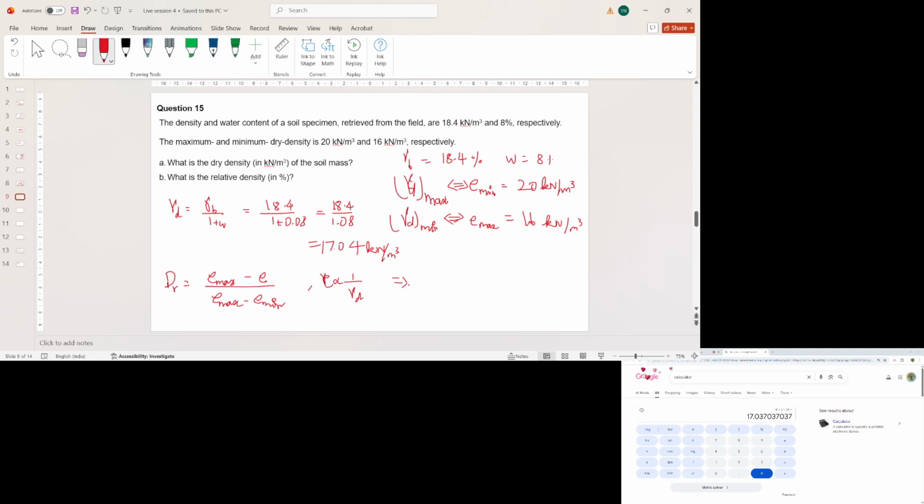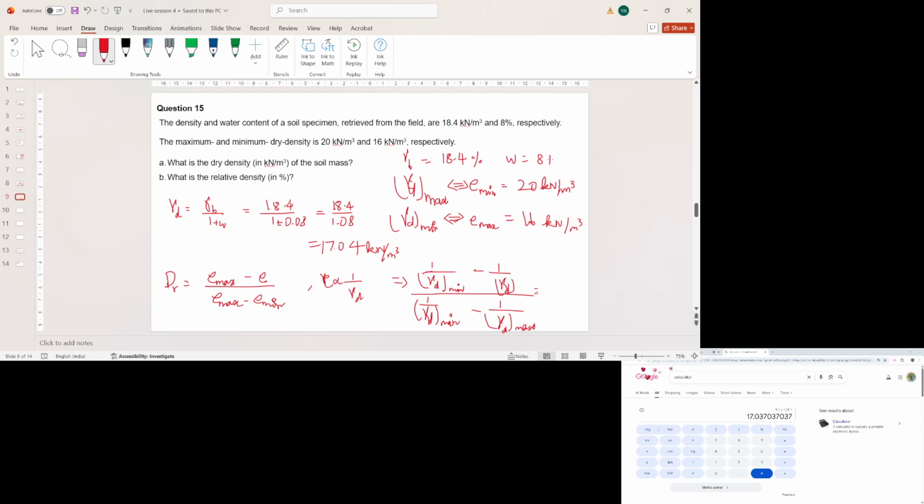So we can write e max corresponds to 1 by gamma d minimum, minus 1 by gamma d, divided by 1 by gamma d minimum minus 1 by gamma d maximum.